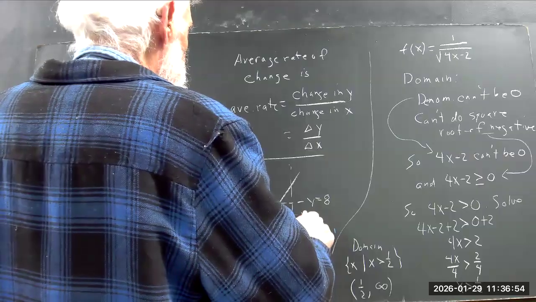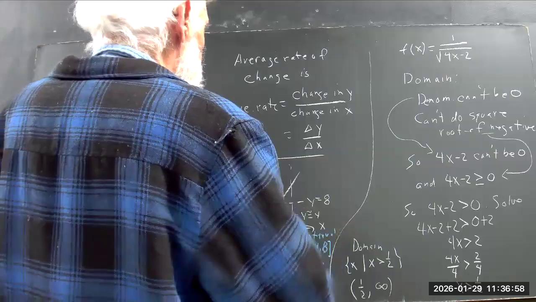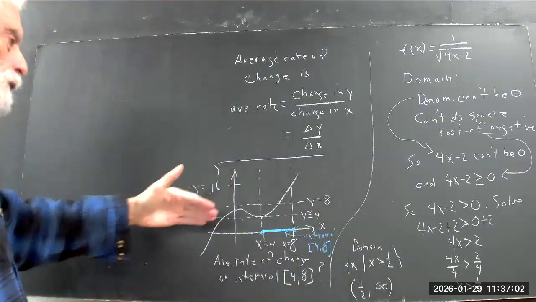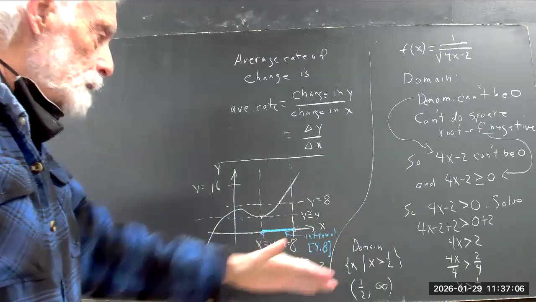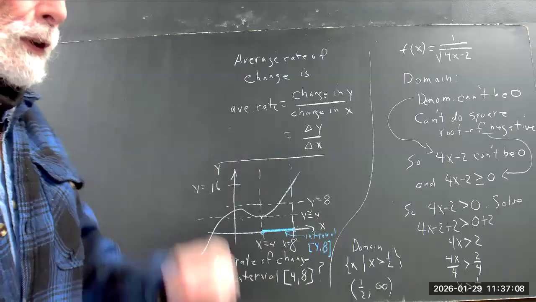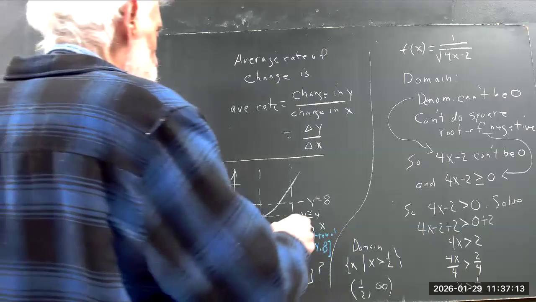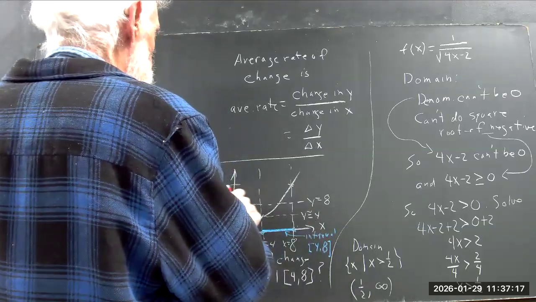I'll just say maybe y is approximately 4, with a little wavy symbol to show it's approximately equal. It looks like it's between 4 and 5, and I didn't draw a very straight line. So I'm just going to go with the estimate 4 because it's easier to work with. Okay, so y is about 4 here. And then at this point, we draw a horizontal line.